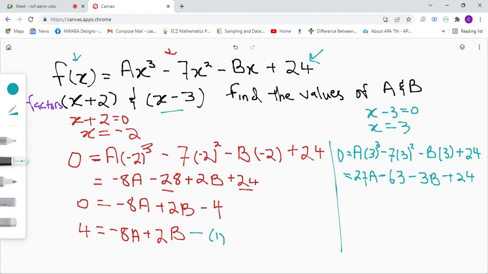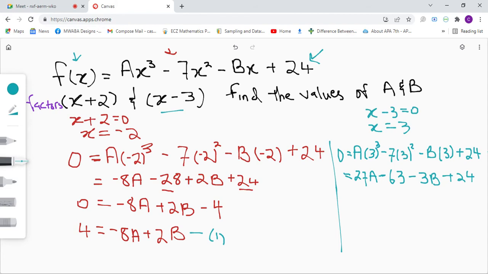Now we say negative 63 plus 24. We're going to get negative 39.